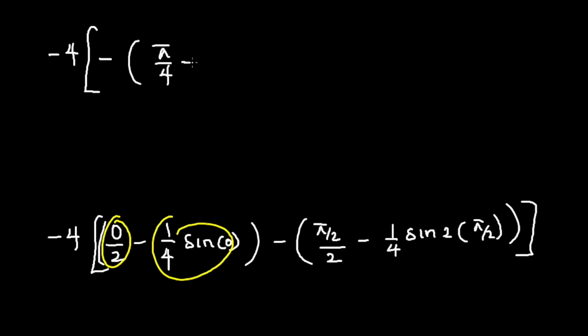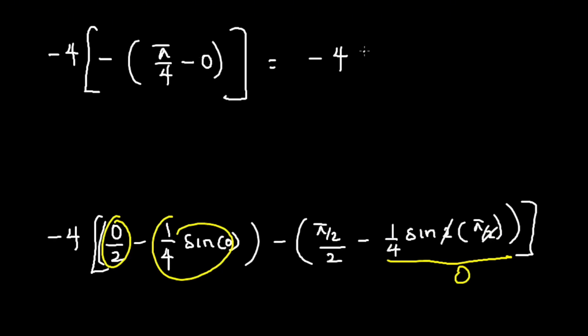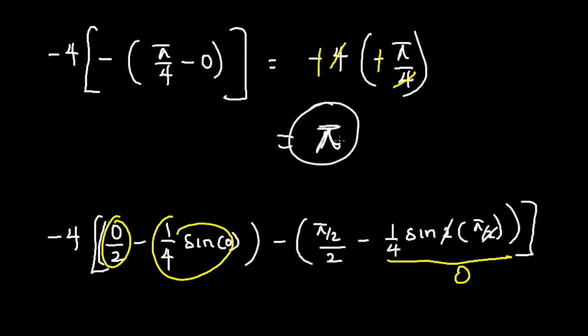Then 2 cancels 2, sine 180 is 0, so the whole of this is going to be 0. I'll fix that in, and I'm left with minus 4 times minus pi over 4. And if 4 cancels 4, minus times minus is plus, in that case we would have a pi, and that's exactly what we are trying to get.